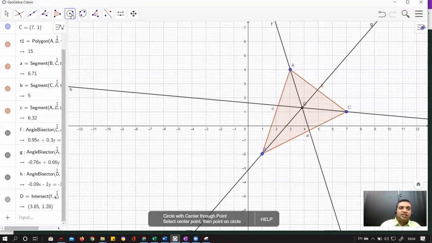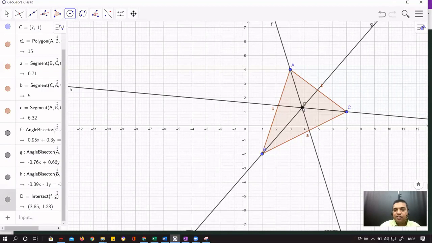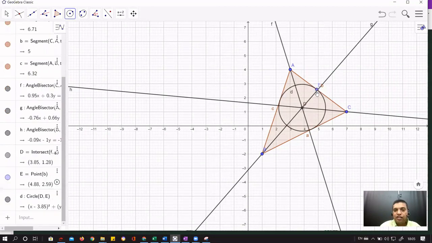And incenter has, very interestingly, with center at the incenter, you can draw a circle which touches all the sides of the triangle. This is called the incircle.